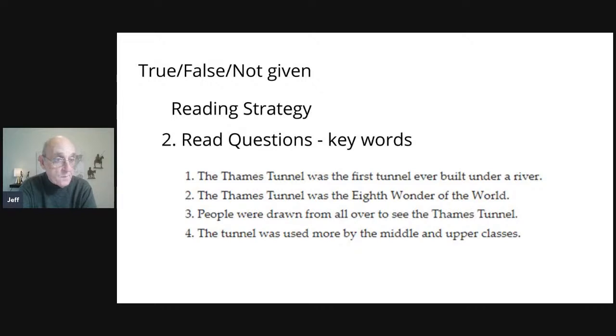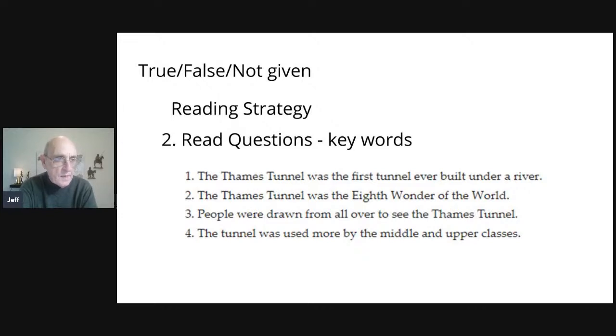It will be a synonym. You may see a certain phrase in the questions, and then when you go to the reading passage, you'll be looking for a phrase that means the same thing, but it may be using synonyms or it may be structured in a different way. So you want to be prepared to identify synonyms and paraphrases.